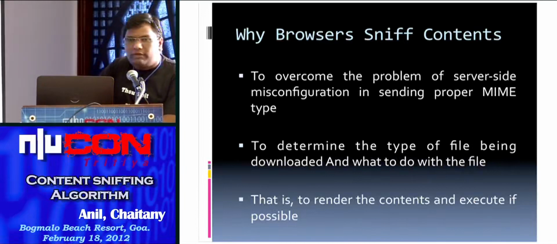Whenever you upload a file to any kind of web application, if the web application cannot understand what type of file is uploaded to the server, it will not send a proper content type to the browser, and then the browser will not be able to understand what kind of file it is. So the browser will sniff the contents of the file and will try to determine what kind of file it is and then execute it. So this is why a browser needs to sniff the contents.